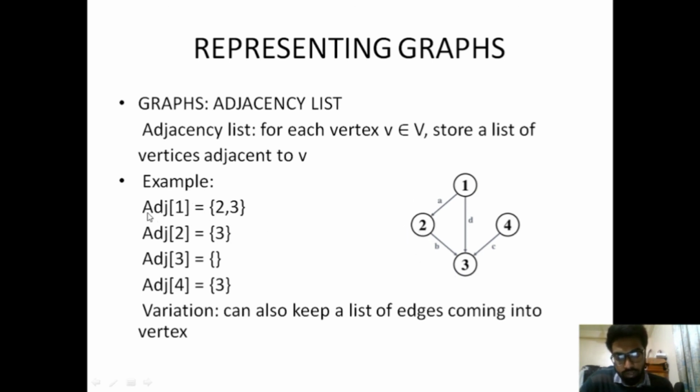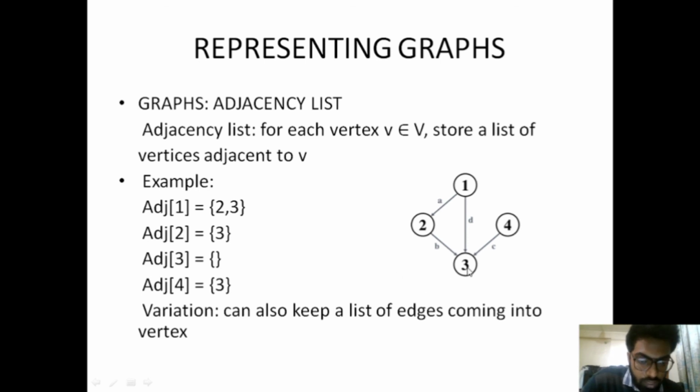So we can see in the list 2 and 3 which are outgoing edges of 1. In vertex 2 we can see an edge between 2 and 3. 3 is the outgoing edge of 2, so we can see 3 in list 2.